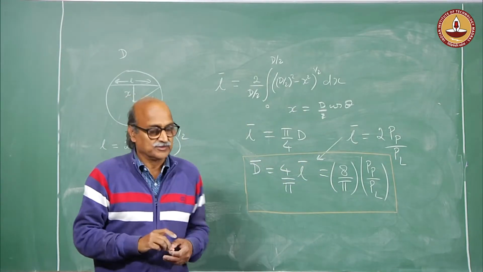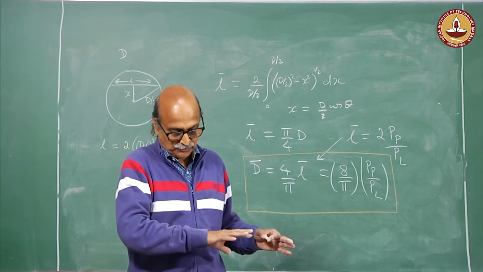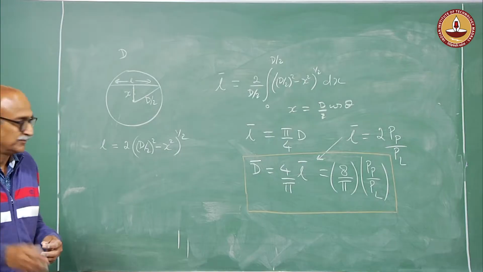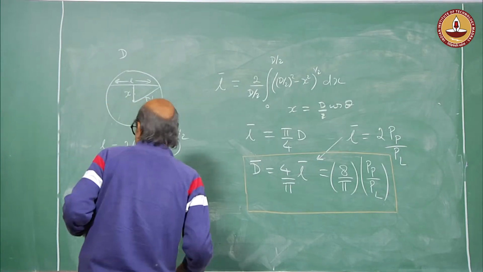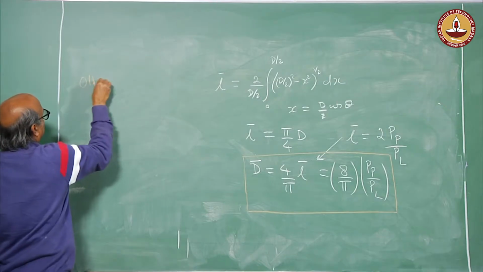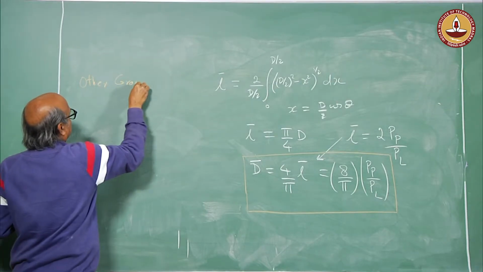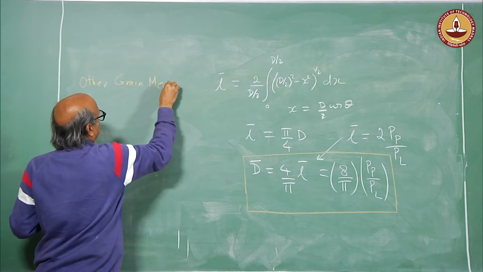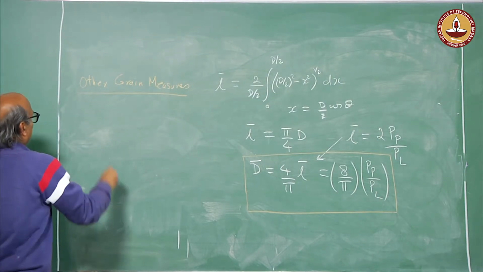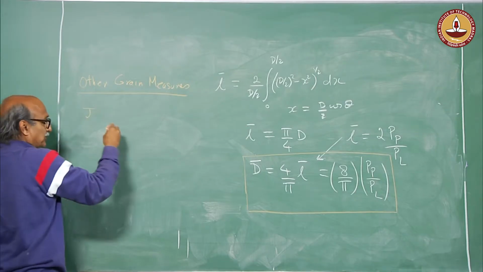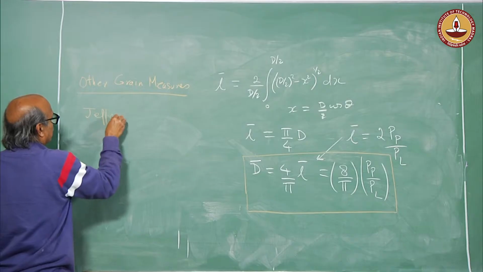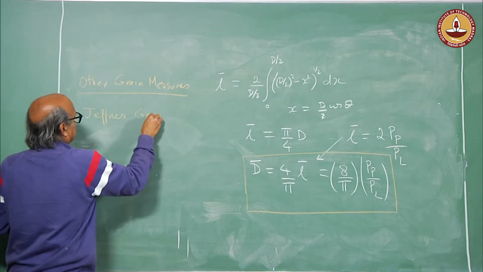While we are at particle size, and we also discussed grain size, I should give you 2 more grain measures which have been used. Other than the mean intercept length, one is what is called the Jeffreys grain size.